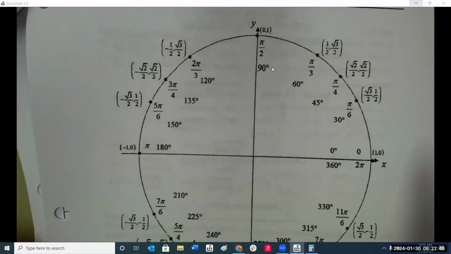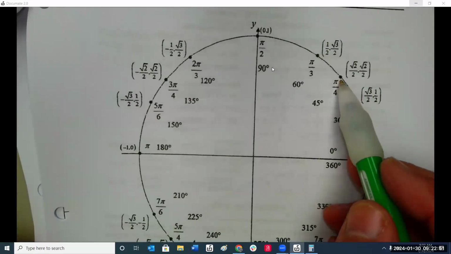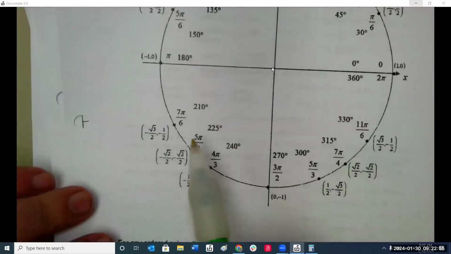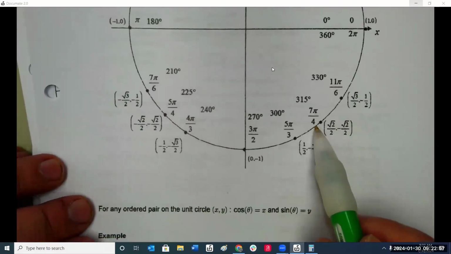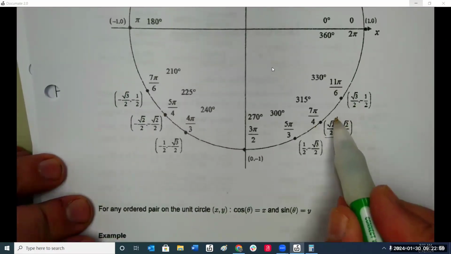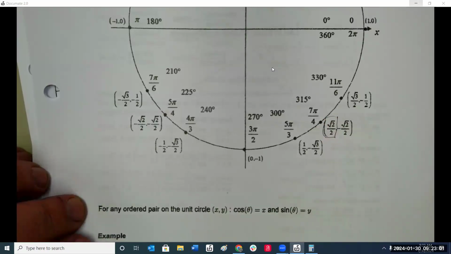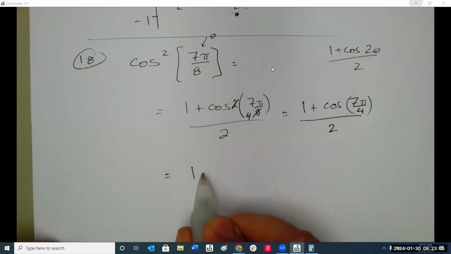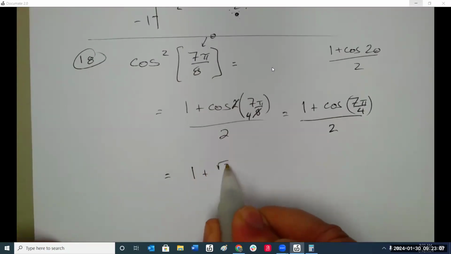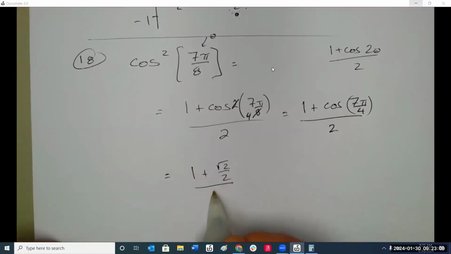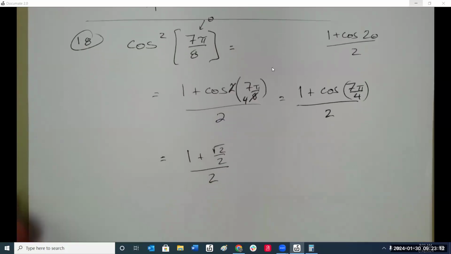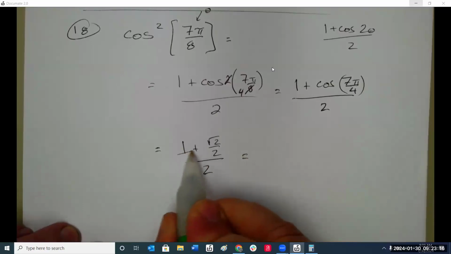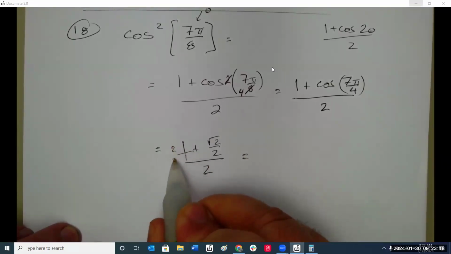So here's our chart. 1 pi over 4, 2 pi over 4, 3 pi over 4, 4 pi over 4, 5 pi over 4, 6 pi over 4, 7 pi over 4. The cosine is radical 2 over 2. So we have 1 plus radical 2 over 2, over 2. This is 1 over 1, so we have to multiply this by 2.